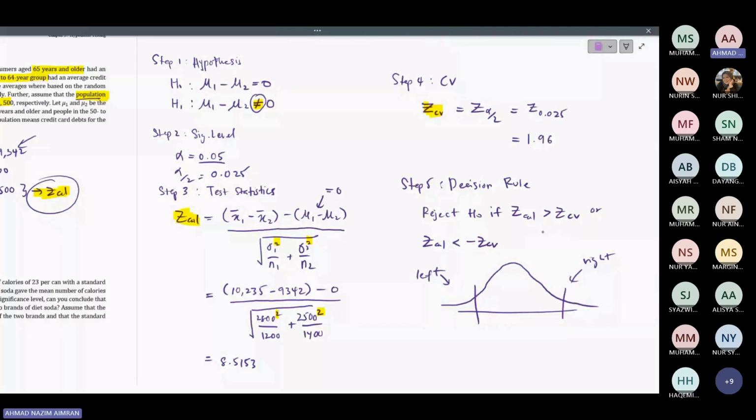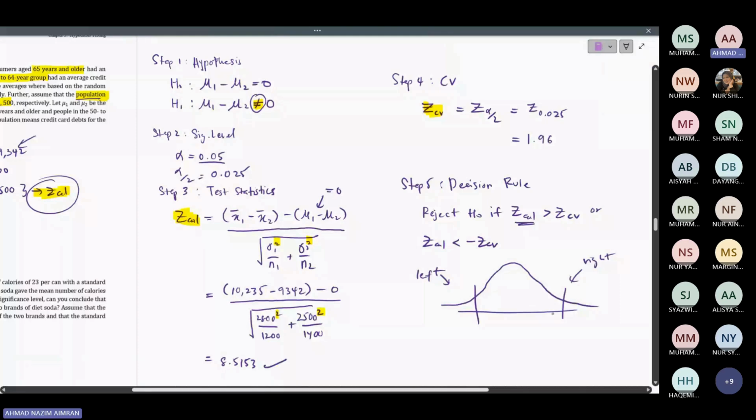If Z calculated is a positive value, this one is a positive value, right? Greater than Z critical value. This is our Z critical value, and this one is negative Z critical value. It is either 1.96 or negative 1.96. This is 0. If our Z calculated is positive, compare it with the positive Z critical value. But if our Z calculated is negative, compare with the negative Z critical value.